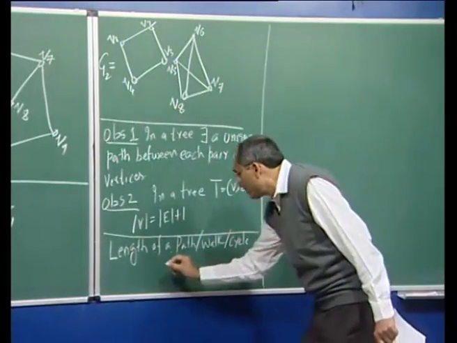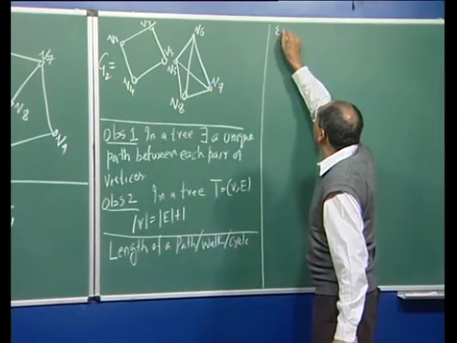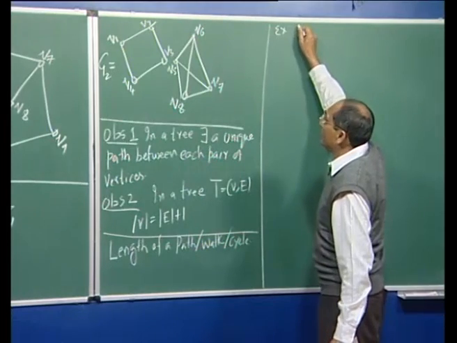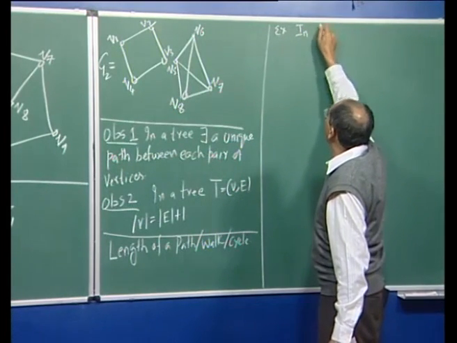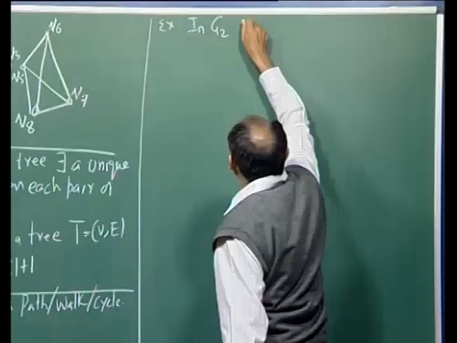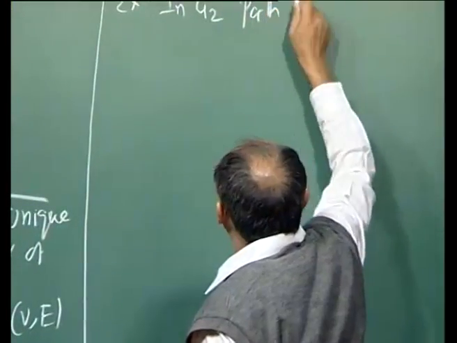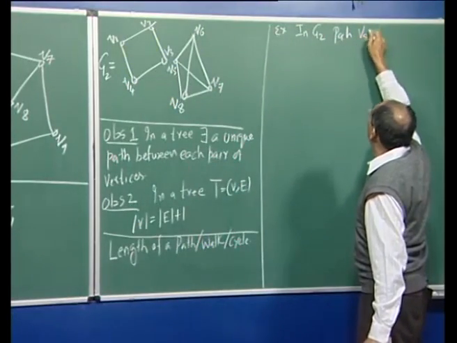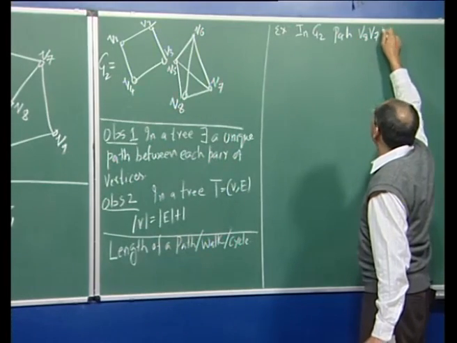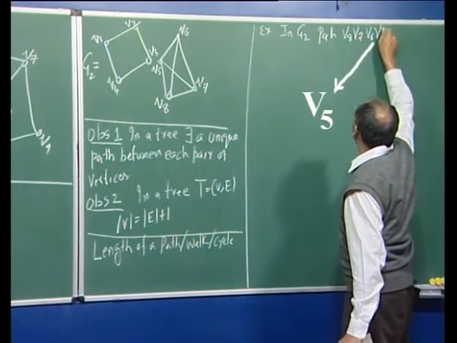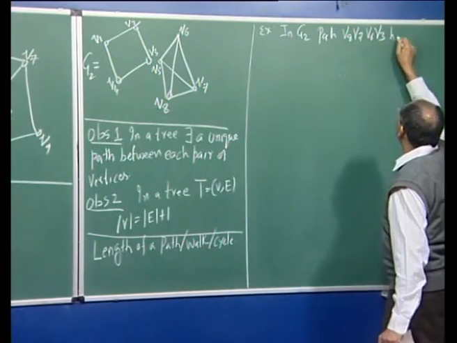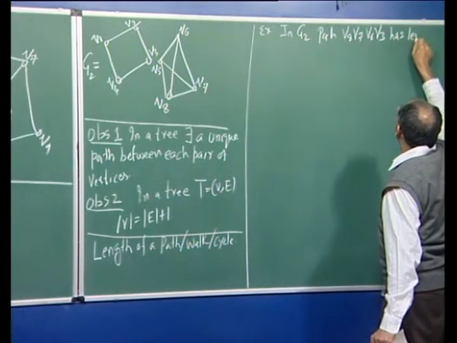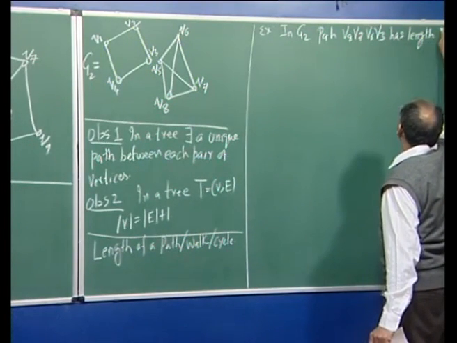So for example, in G2, path V8, V7, V6, V3 has length 3.